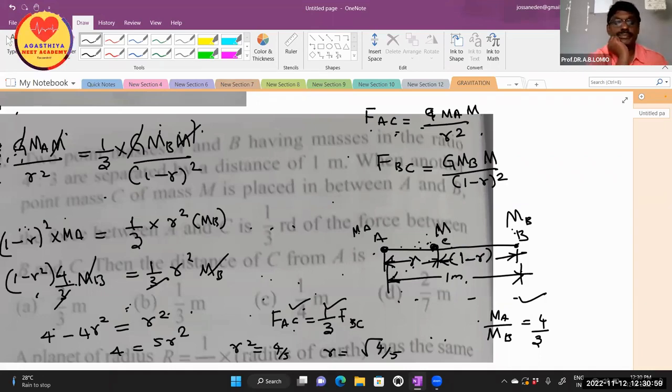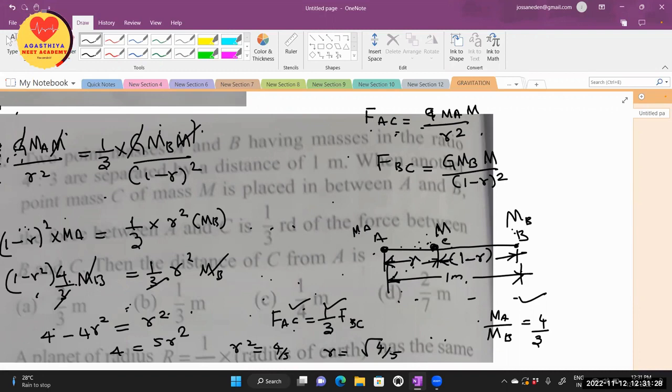Sir, instead of cross multiplying, can we write MA by MB equal to 4 by 3 and use that, sir?